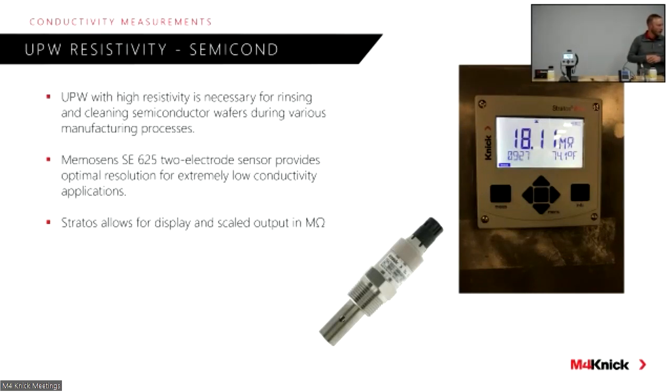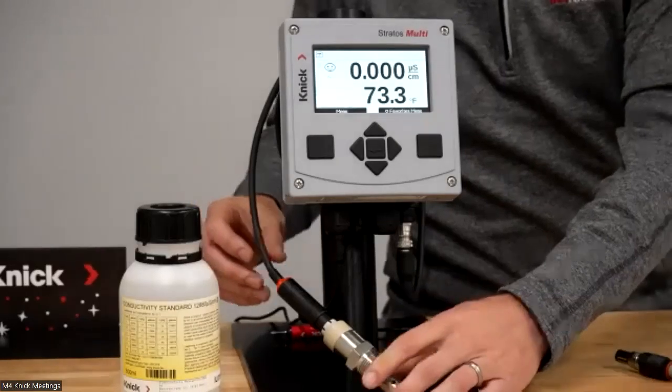And ultrapure water operates again in the nanosiemens range of conductivity, but in the mega ohms for resistivity, 18.2 is pure ultrapure water. And our electronics have the ability again to display resistivity values and output that to your control system as well.